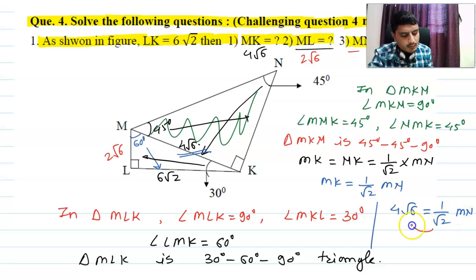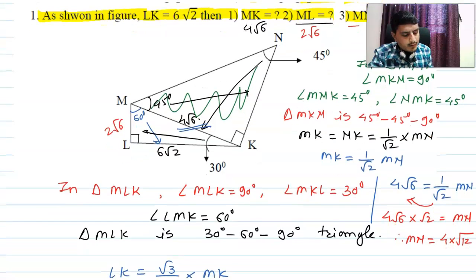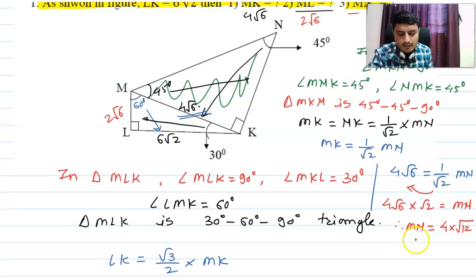Once we shift root 2 from RHS to LHS to evaluate the value of MN, we get 4 times root 6 into root 2 equal to MN. So the MN value is 4 into root 6 into root 2, 6 2s are 12 under square root. Let's simplify further. MN equals 4 into root 12, and we can write 12 as 4 3s.